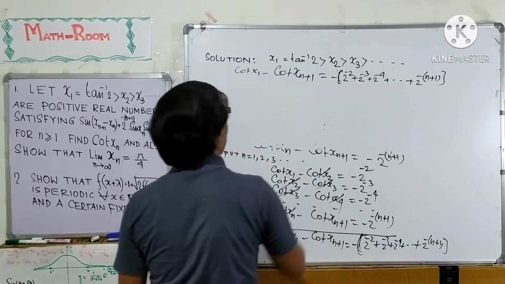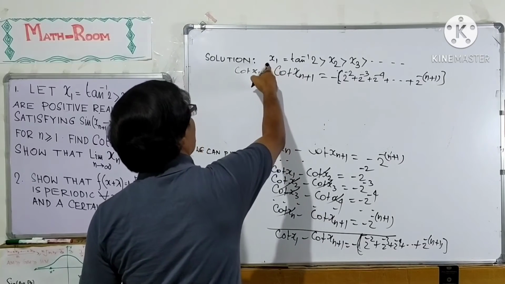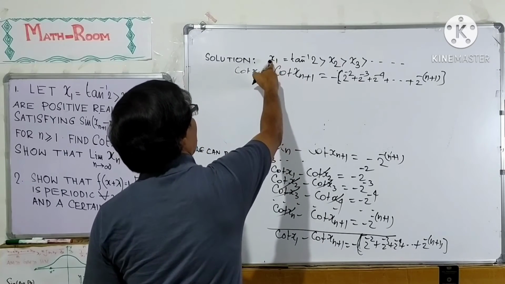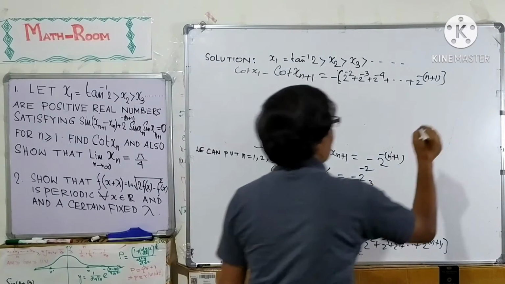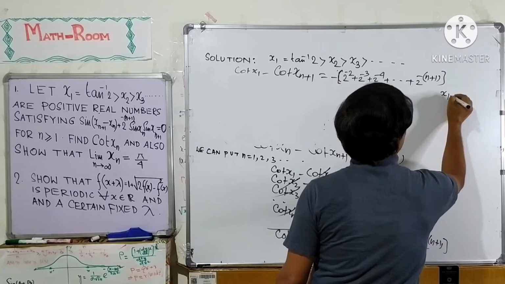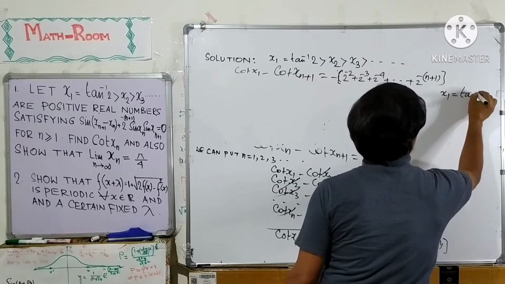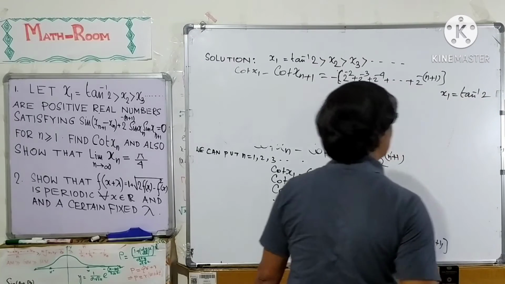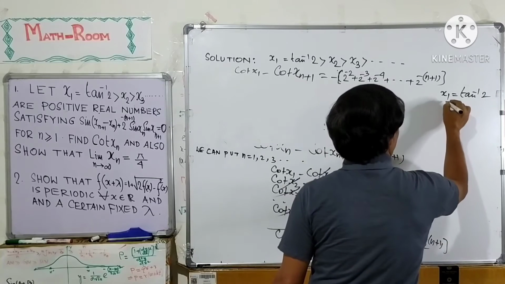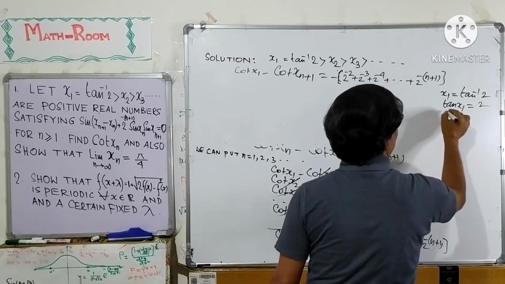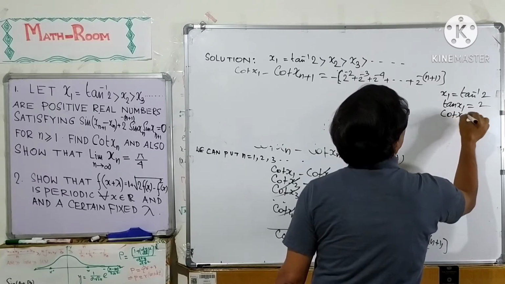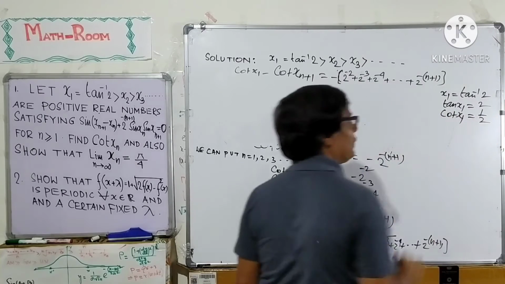Now, we are given x1 equal to tan inverse 2. So, tan x1 equal to 2, so cot x1 is equal to 1 over 2.